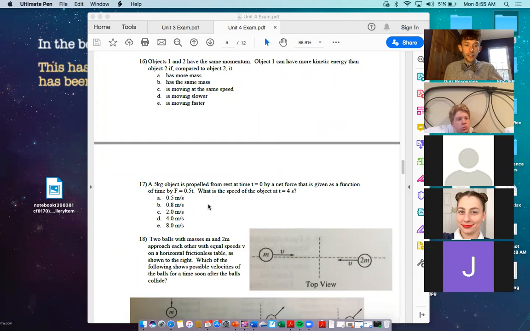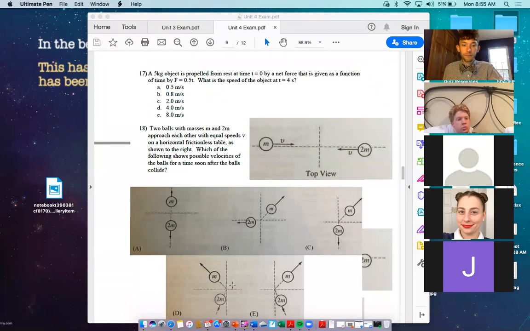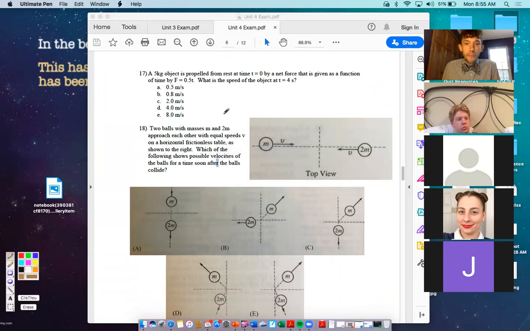Okay, number 17. Once again, we can do the exact same thing that we did before, where we say that change in momentum is caused by an impulse. The definition of impulse is the integral of F dt, which is going to be the integral of 0.5 t dt from 0 to 4 seconds.